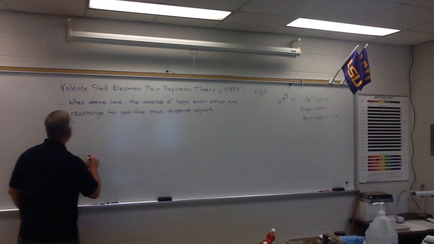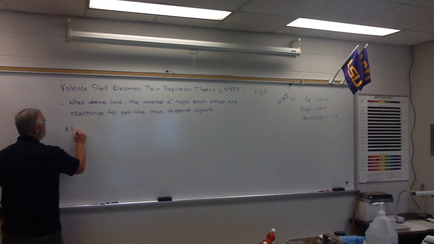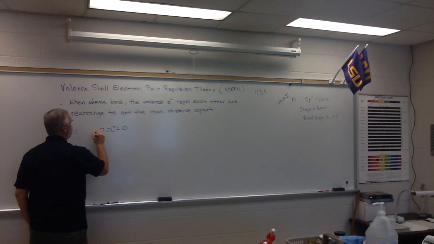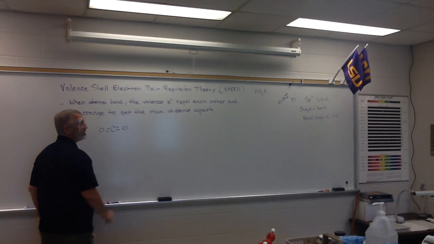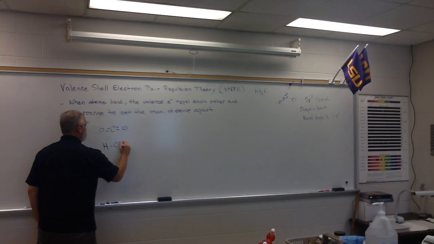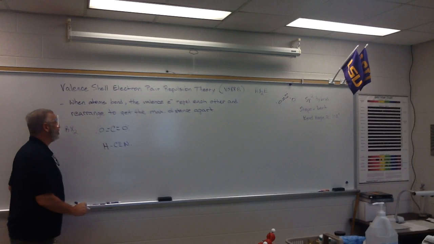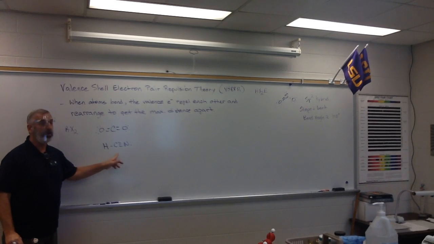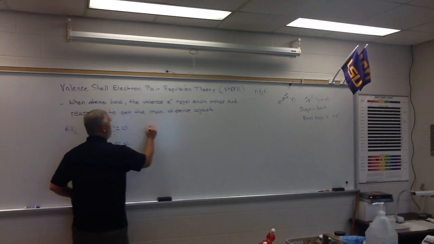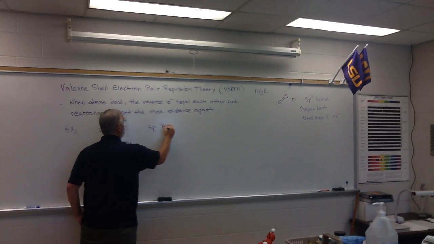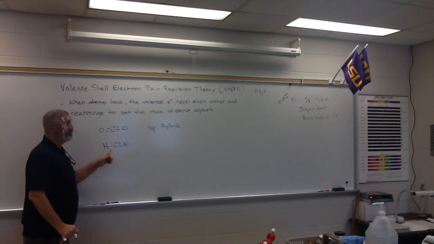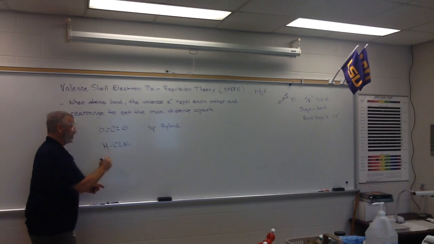Okay? So now what about AX2? Something like carbon dioxide. Or HCN. Anytime you have a triple bond, it's always this. It's always what type of hybridization? sp hybridization. You only have two sigma bonds.